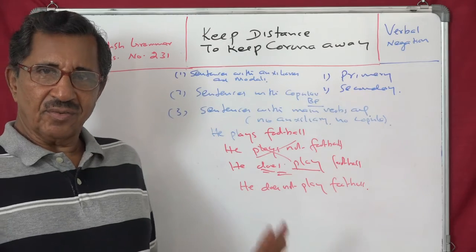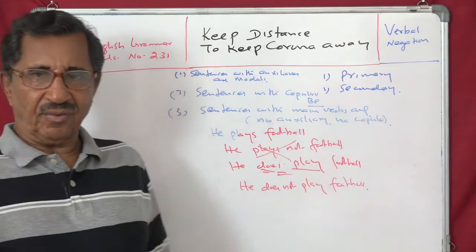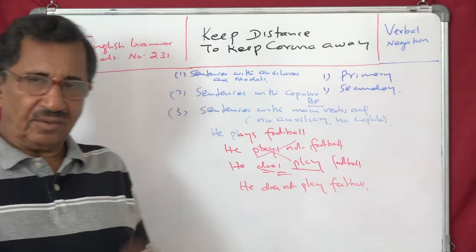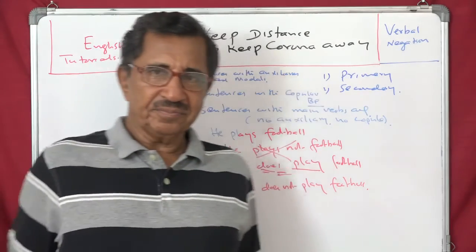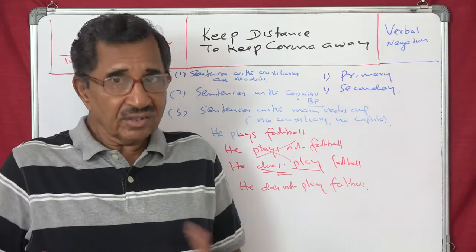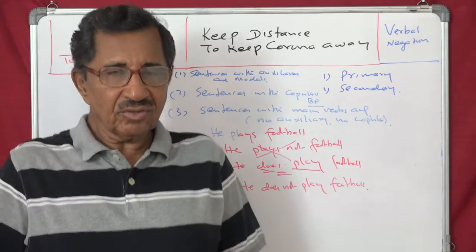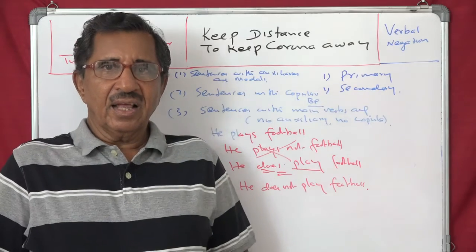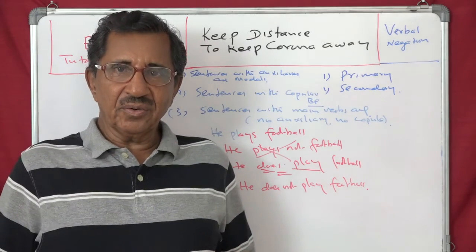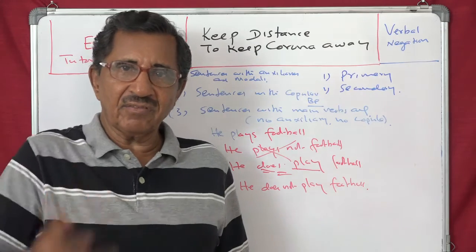That's it: affirmative, negative, contracted form. Another example: she sings, she does not sing, she doesn't sing. I write, I do not write, I don't write. So that is sentences with main verbs only.